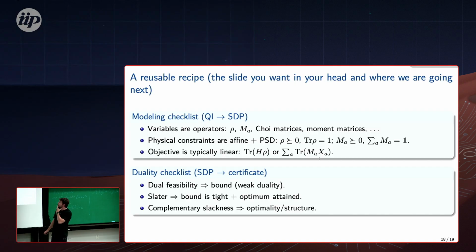Okay. So just the takeaway message before we go to the coffee break. Most of the things we care about in quantum information theory have both this convex structure and the positivity constraints baked into them.